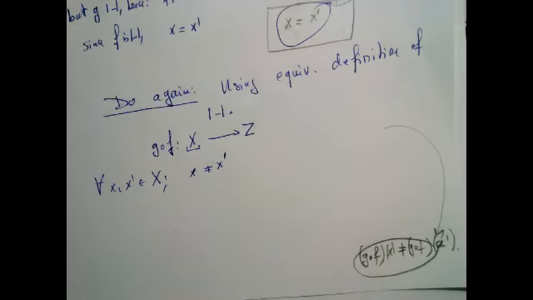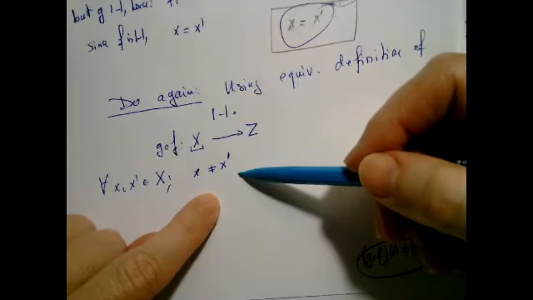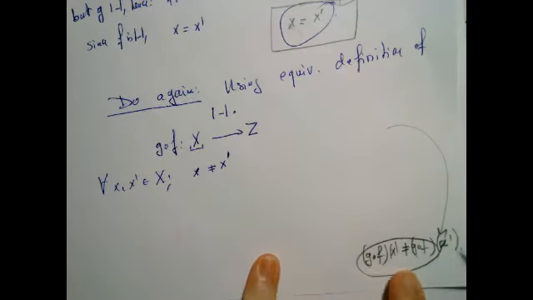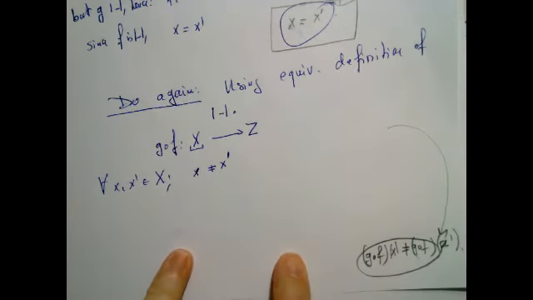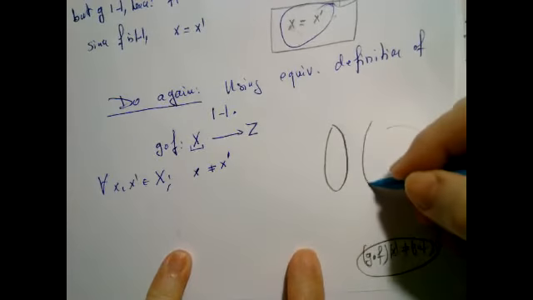Okay, so I want to do it in a different way. I want to start with X different from X prime, and you have to convince me that G composed with F of X has to be different from G composed with F of X prime.